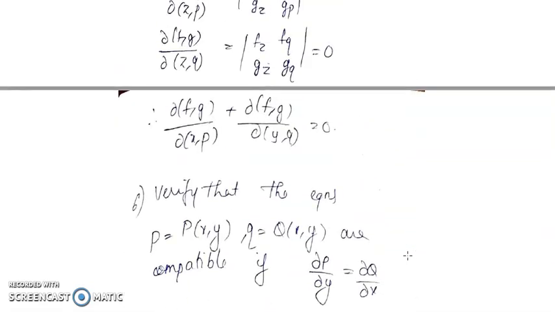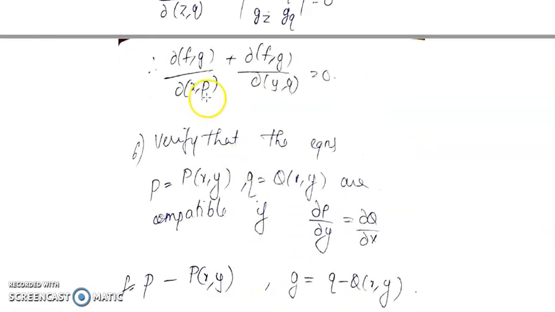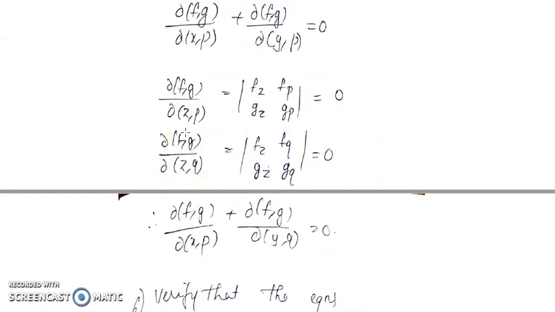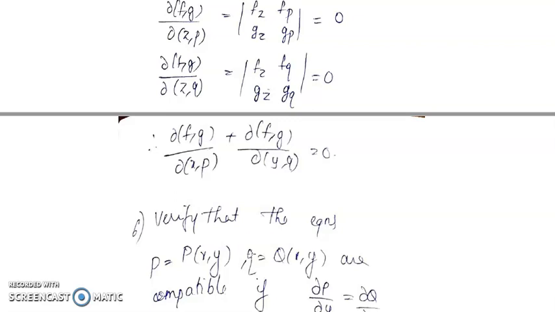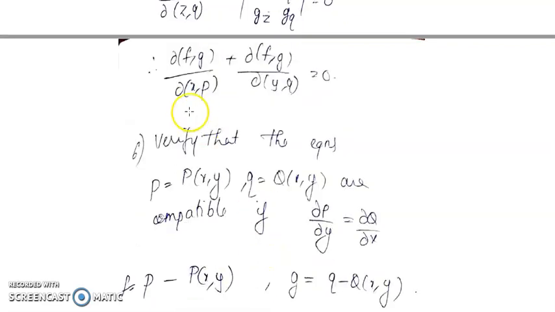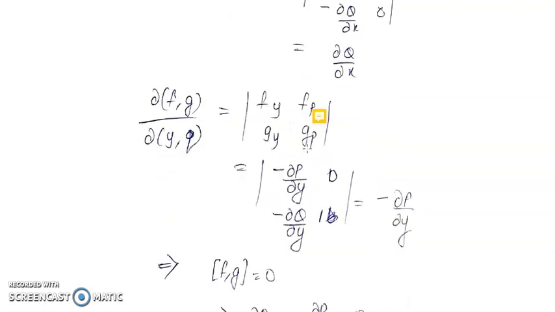Now from the previous problem, in this question here your function was independent of z. So when the function is independent of z, your condition for compatibility reduces to the form dou of fg by dou of xp plus dou of fg by dou of yq equal to 0.